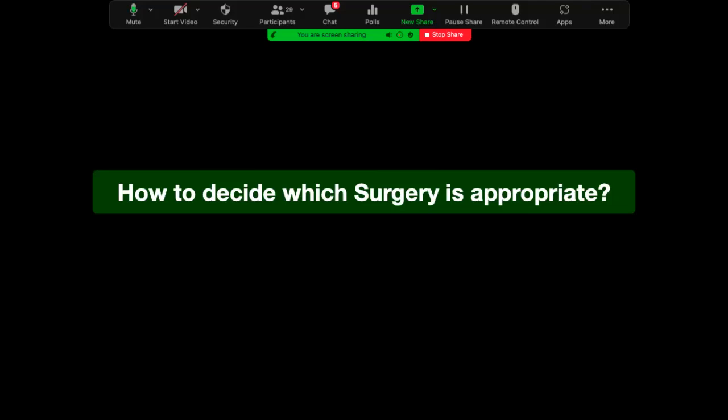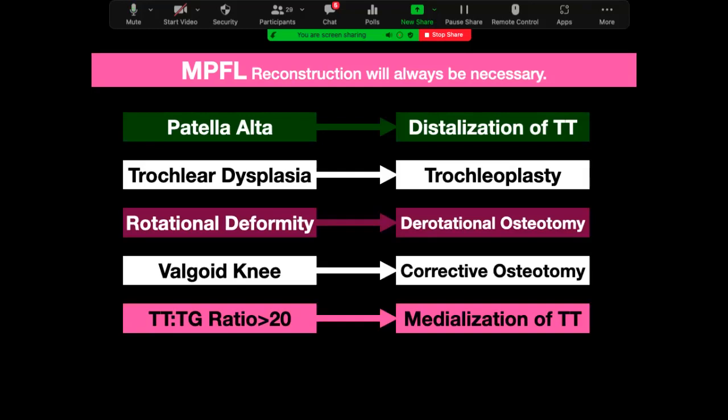So how to decide which surgery is appropriate for a particular patient is very, very important. You think about what secondary conditions are there to dislocate the patella. If there is a patella alta, then you have to distalize the tibial tuberosity. Otherwise, your patella is not going to engage into the groove. If there is a trochlear dysplasia, the trochleoplasty has to be done.